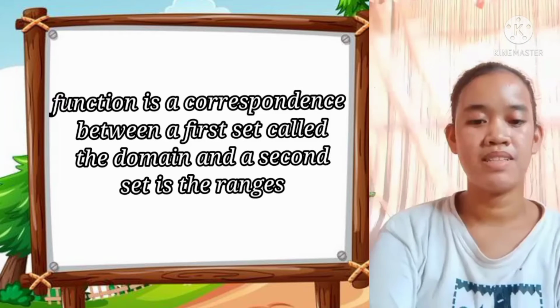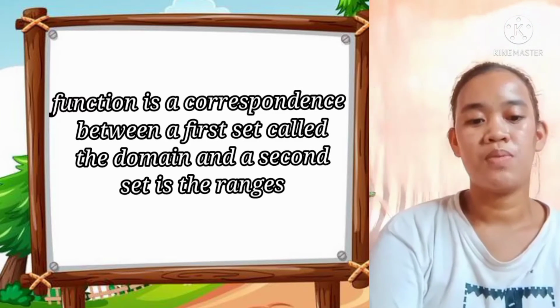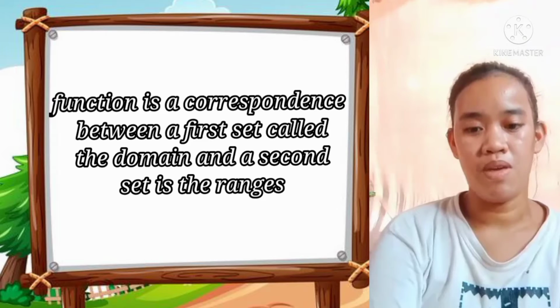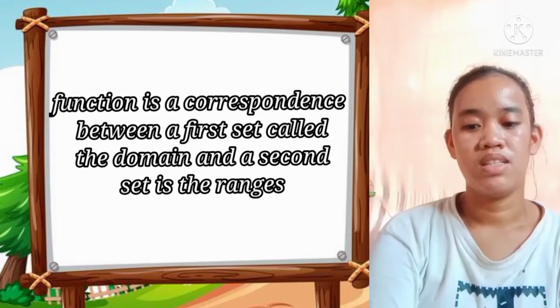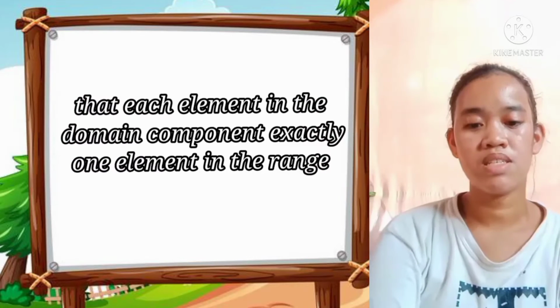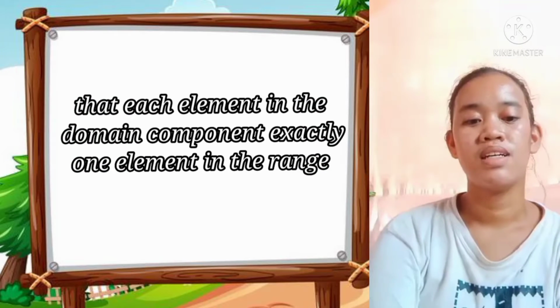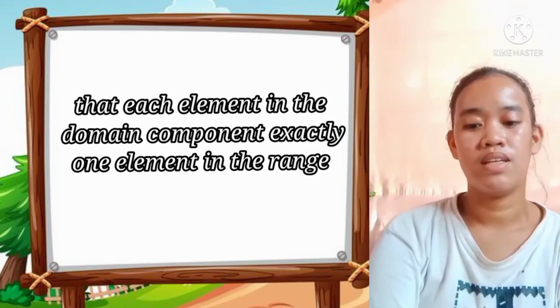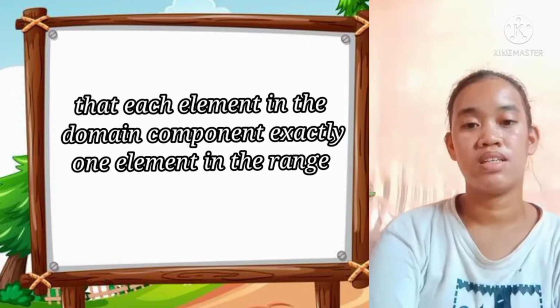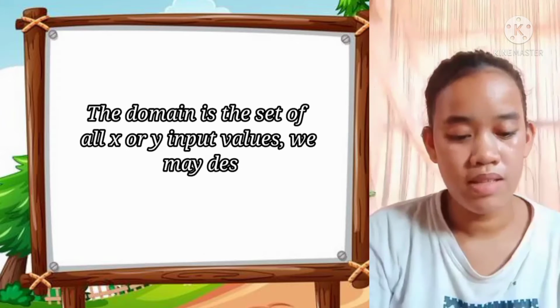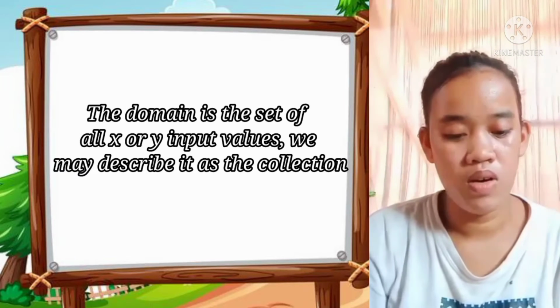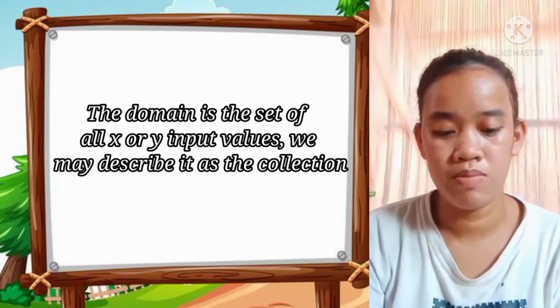A function is a correspondence between a first set called the domain and a second set called the range, such that each element in the domain corresponds to exactly one element in the range. The domain is the set of all x or input values.